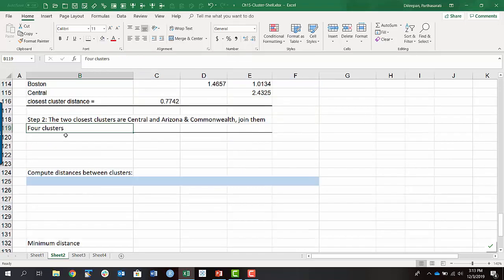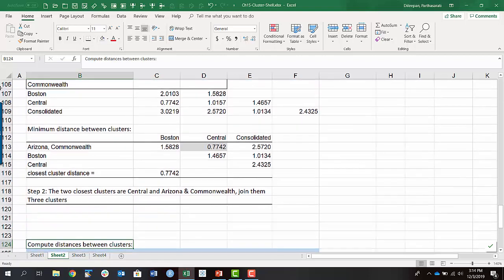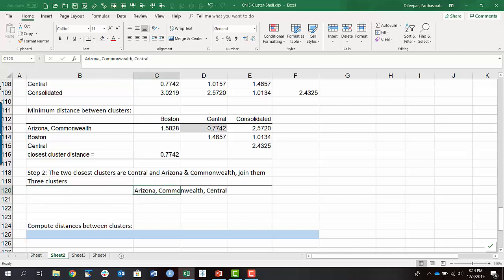Now we have only 3 clusters. We have Arizona, Commonwealth and Central as one cluster, cluster 1, and then cluster 2 is Boston and cluster 3 is Consolidated.